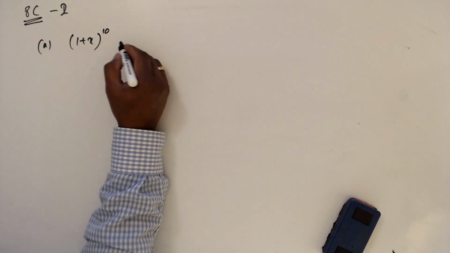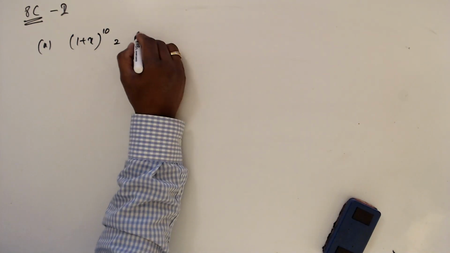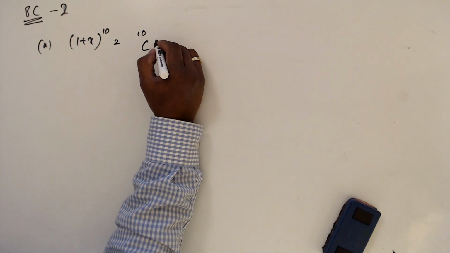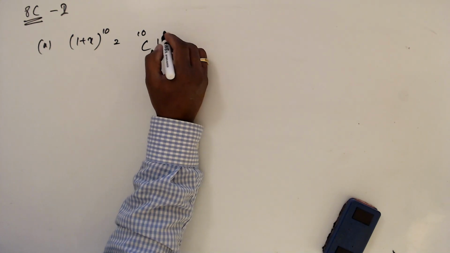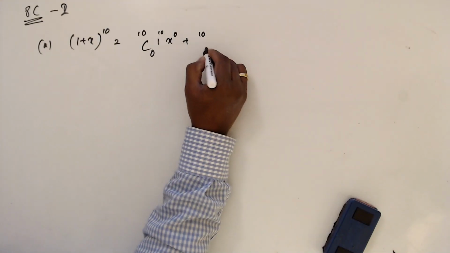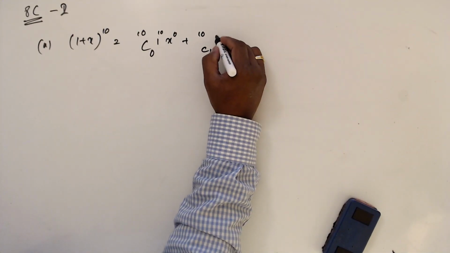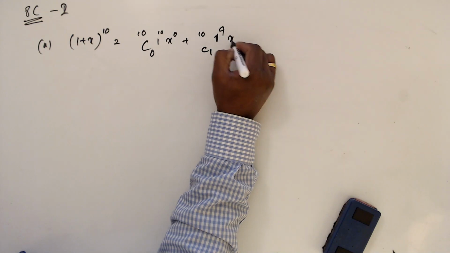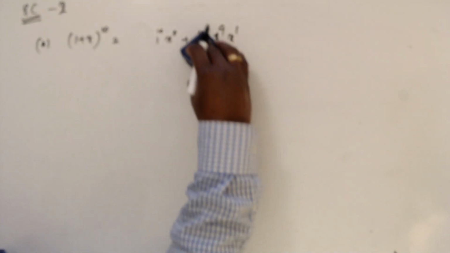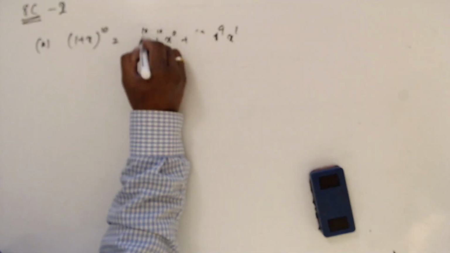1 plus x to the power 10. So this is 10C0, 1, 10 x to the 0, 10C1, 1 to the 9 x to the 1. Okay, we'll write this notation.